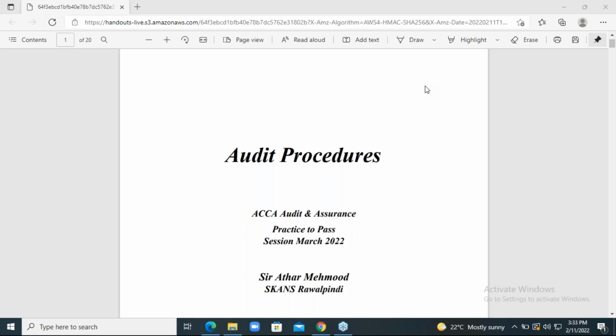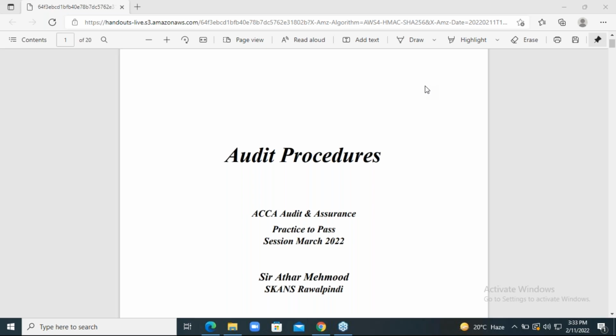The basics of the audit procedures is ISA 500, where you would have studied in your resources, whether they are Kaplan or DVB resources, that according to ISA 500, the auditor must obtain sufficient and appropriate evidence to draw conclusions on the financial statements.